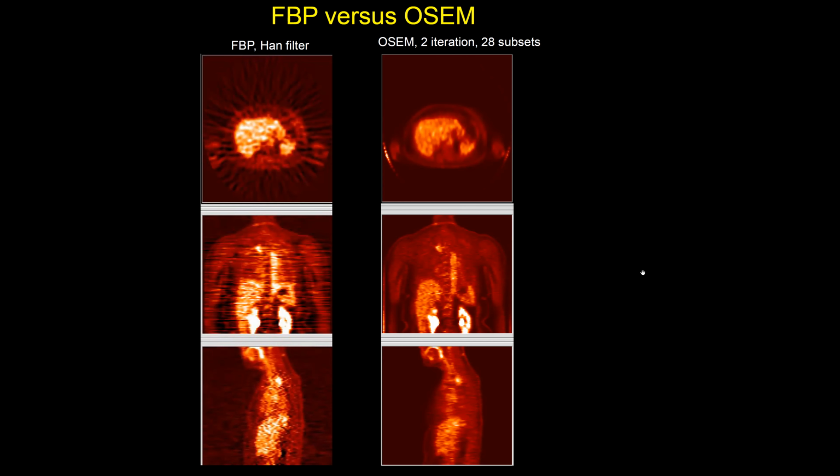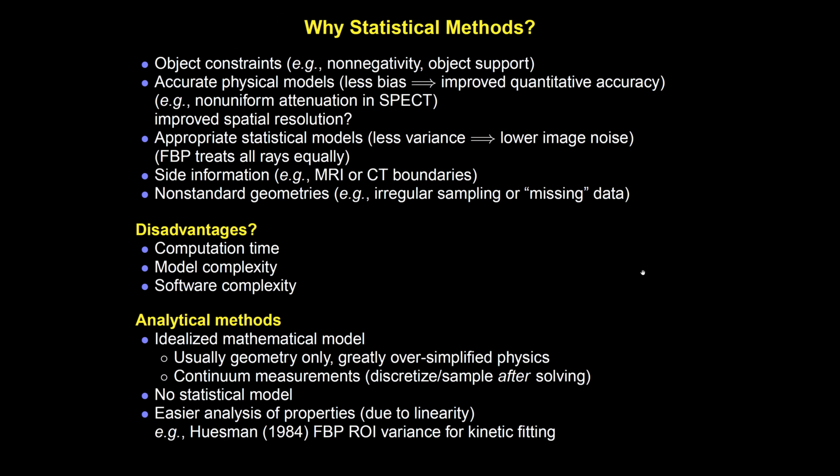So why do we want to do iterative reconstruction based on statistical methods? Because in this way, you can put more physics and prior information into the modeling in your reconstruction. For example, you can add object constraints like non-negativity and an accurate physical model.